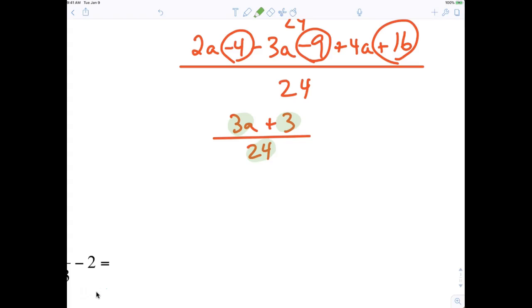Okay? So you can't normally reduce. However, when you look at all the terms, they're all divisible by 3. So we would say that is, Noel, what's the final answer? Thank you. A plus 1 over 8.